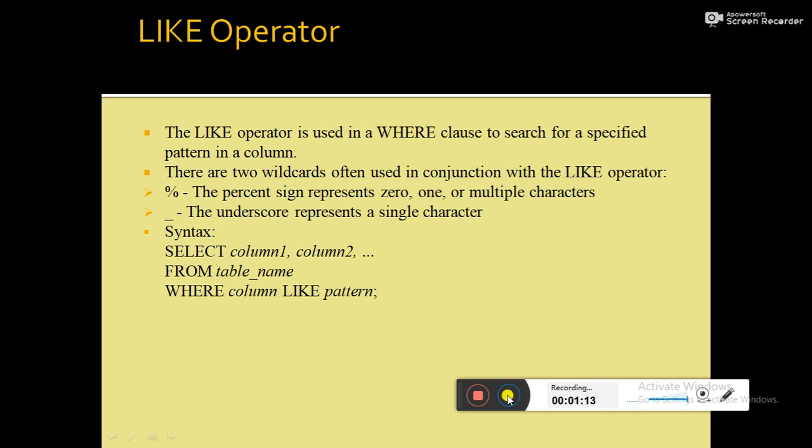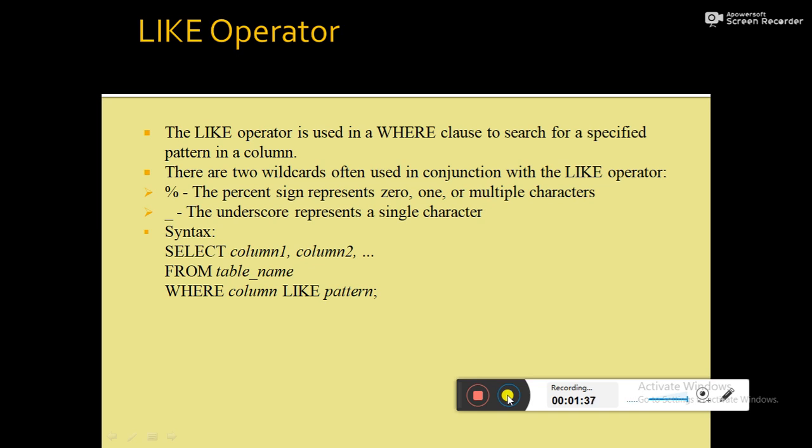For example, display the names of all the customers whose name starts with A. That means the data in the name attribute should start with A. Those records only need to be selected.